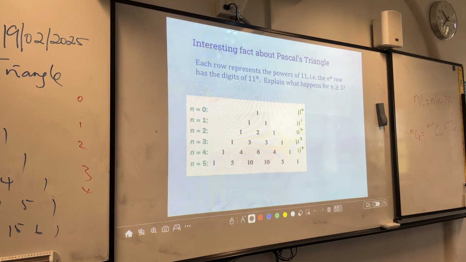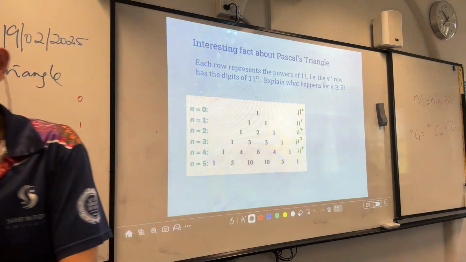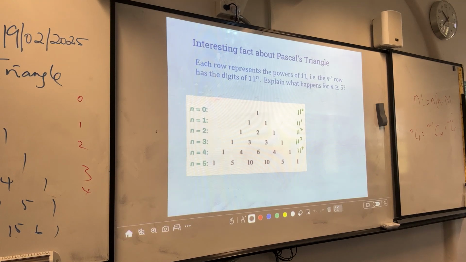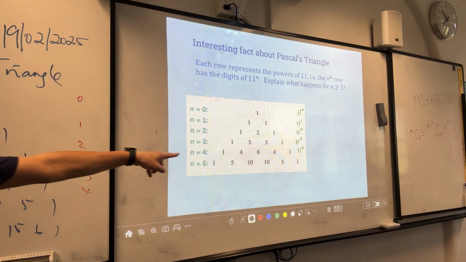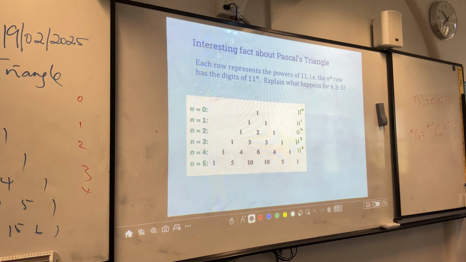And with anything greater than 5, what happened? If you got 10 here, 10 here, you add it to the next one. What happened is anything above 5, 11 to the power of 5, it's 161051. Why?